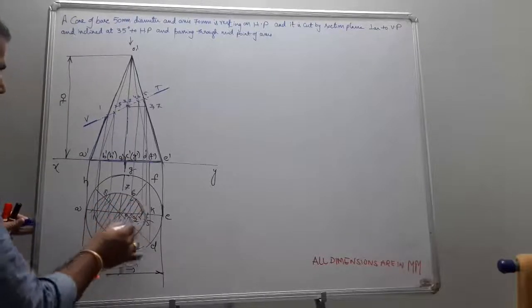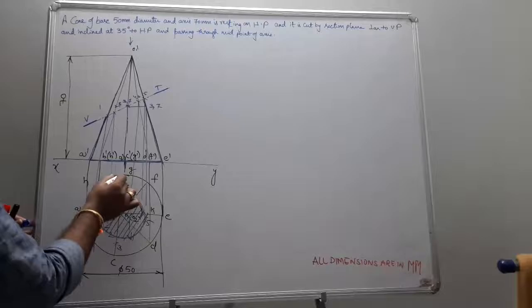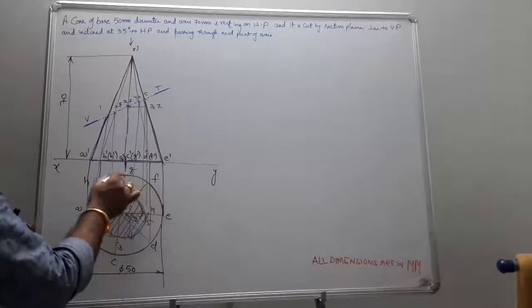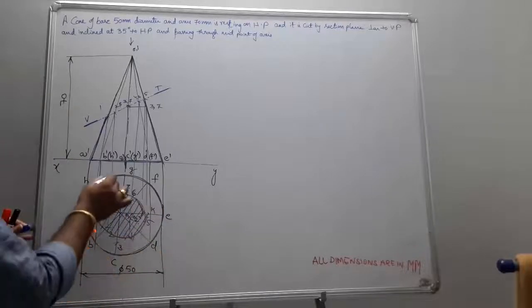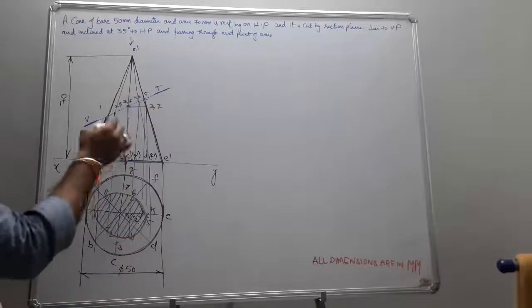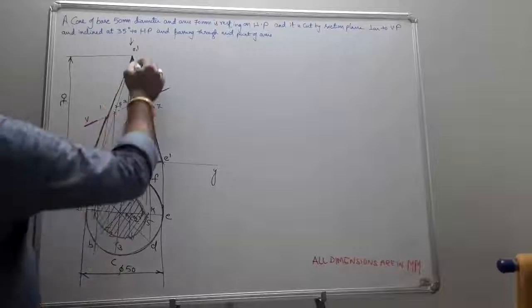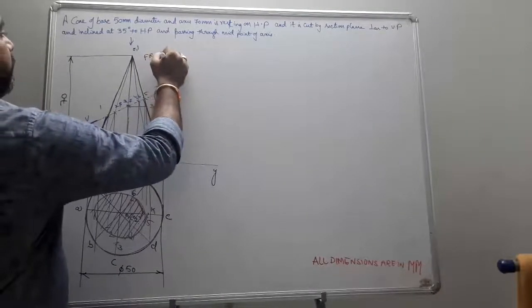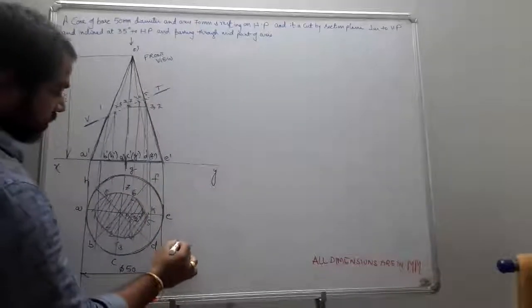What we did in the section of solids in the previous class, I just drew this. A cone is taken and cut by the section plane such that the axis is inclined 30 degrees to HP. This was the retained portion. So this becomes your front view, and it is sectional.